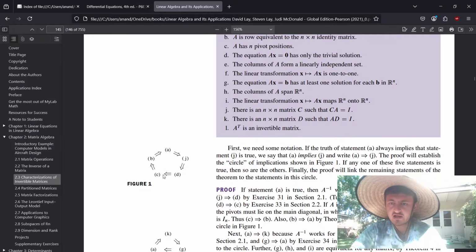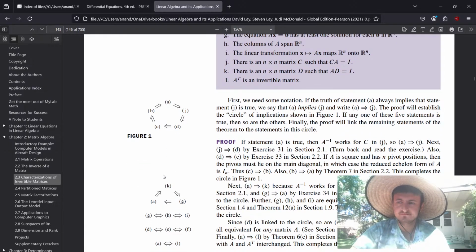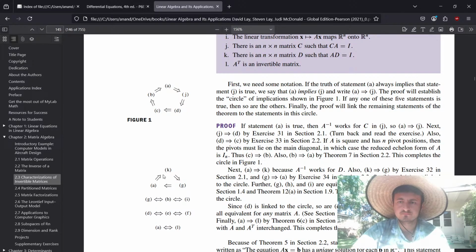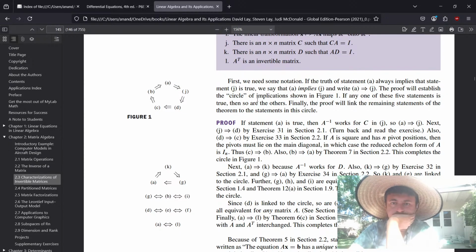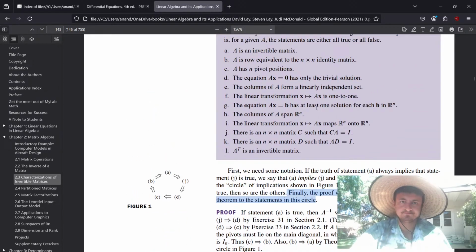These proof graphs. Okay, that's so cool.